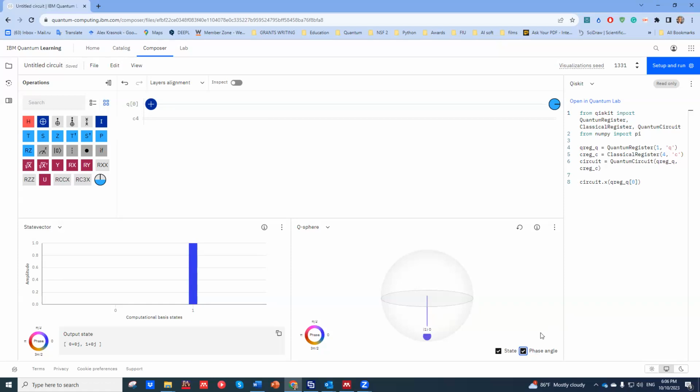Blue means the phase 0. I also check this phase angle to be able to see the phase. Now I apply this Z gate and the color changed. And this red color means phase pi. This phase pi is exactly minus 1, because e to the power of i pi is equal to minus 1 because of Euler's formula.